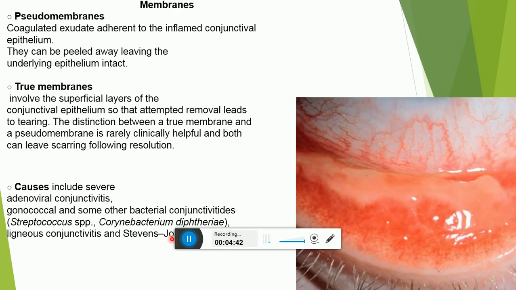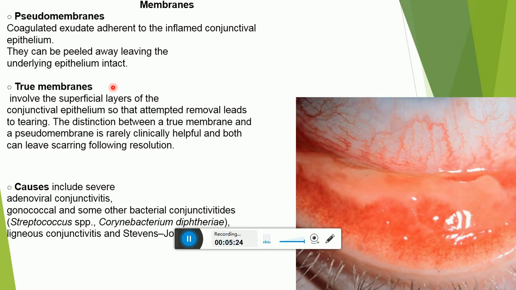Another conjunctival reaction is membranes. Membranes may be pseudomembranes or true membranes. Pseudomembranes consist of coagulated exudates adherent to the inflamed conjunctival epithelium. The pseudomembranes can be peeled away and they leave the underlying epithelium intact. True membranes involve superficial layers of the conjunctival epithelium.